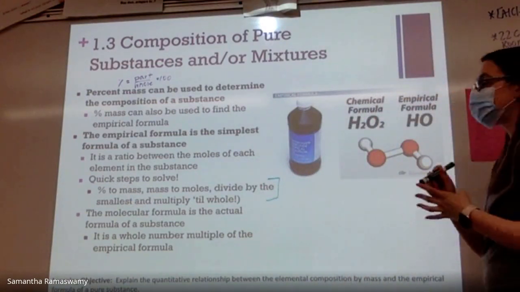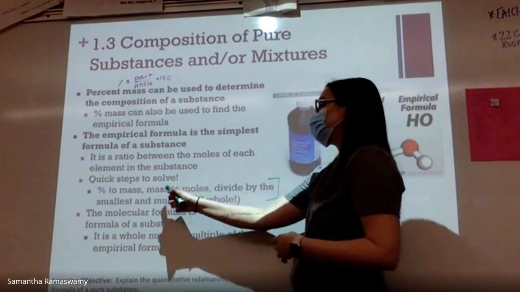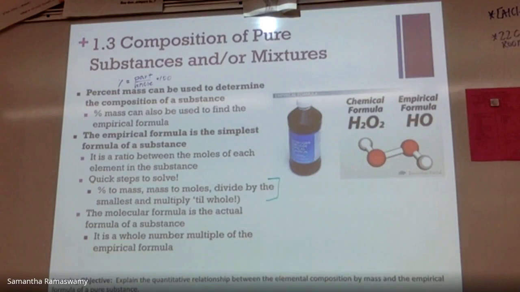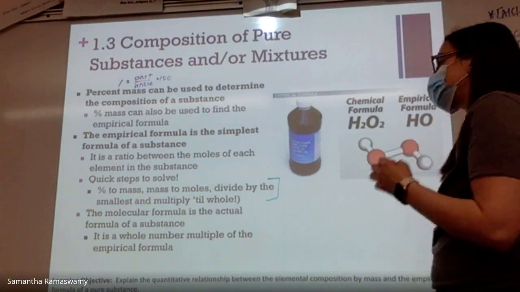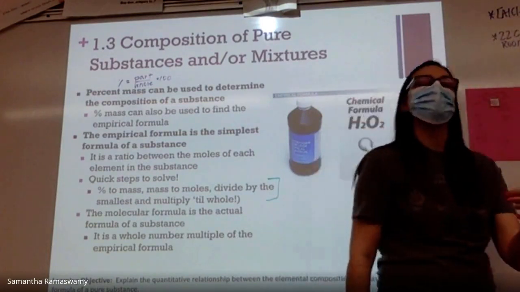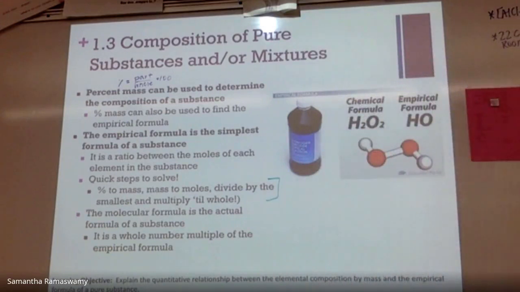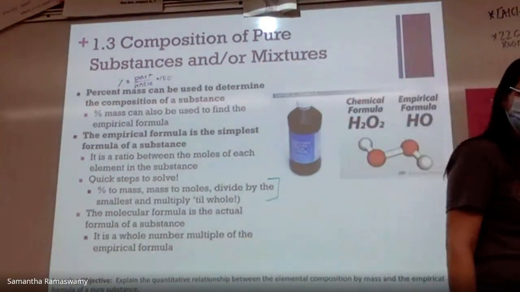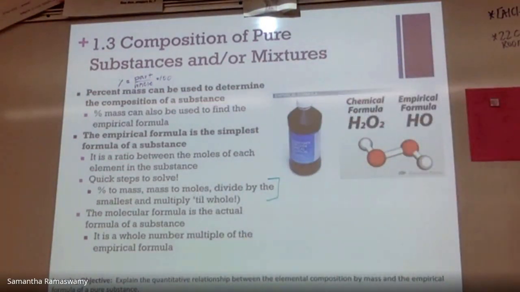You take your percent, turn it to grams, take your grams and convert to moles. You need the molar mass. Remember, these are for single atoms. It's an H atom, an O atom, an N atom. They're not diatomic, it's just single atoms. You divide by the smallest once you get your number of moles, because an empirical formula is the ratio of moles of every substance.